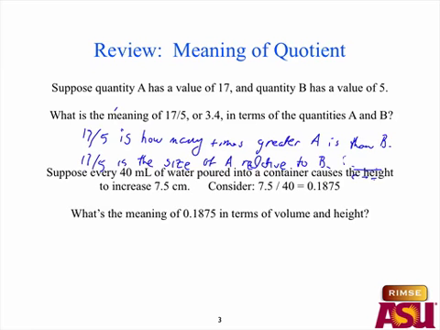Consider the quotient, or ratio, 7.5 divided by 40, which is 0.1875. What's the meaning of 0.1875 relative to the volume and the height? Practice saying a good, meaningful sentence to each other. It's hard. We want to word it well. If you can word it well, then you really understand it. So go.